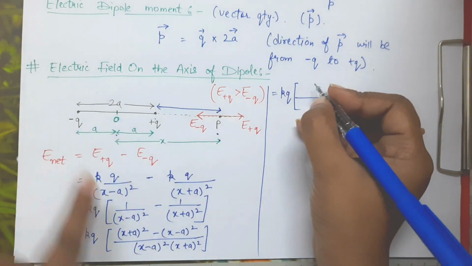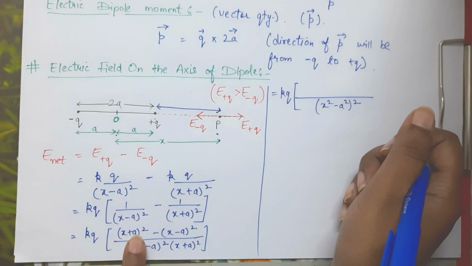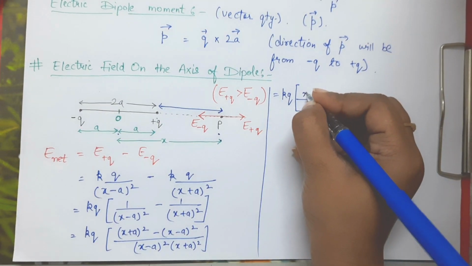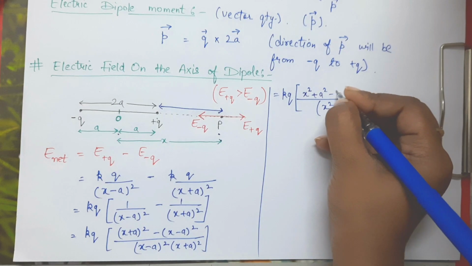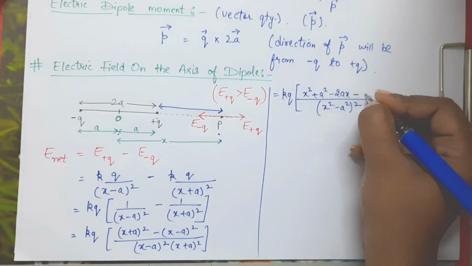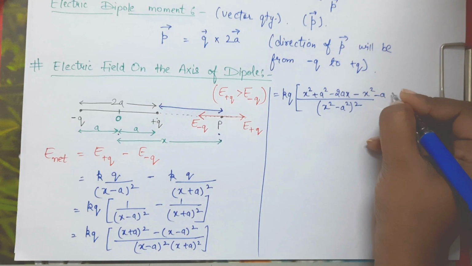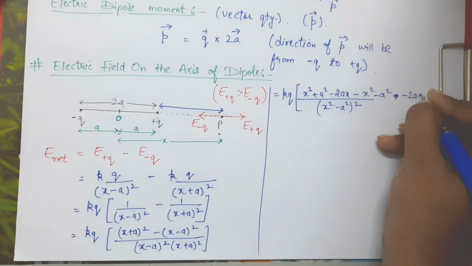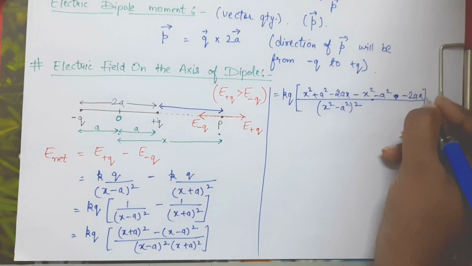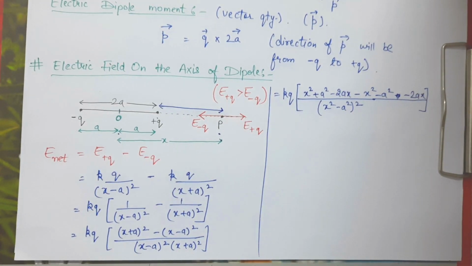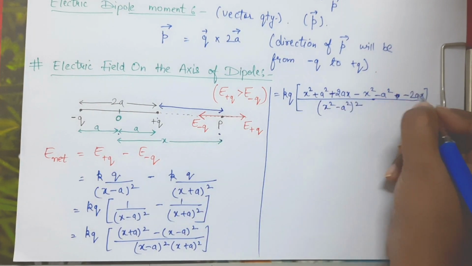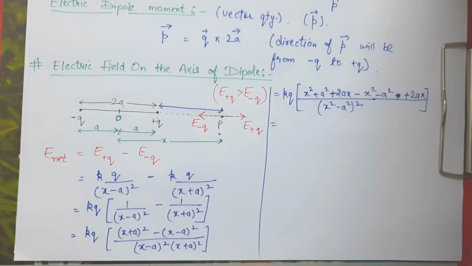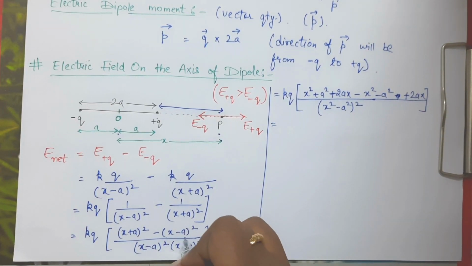For the numerator, just use the formulas a plus b whole square and a minus b whole square.